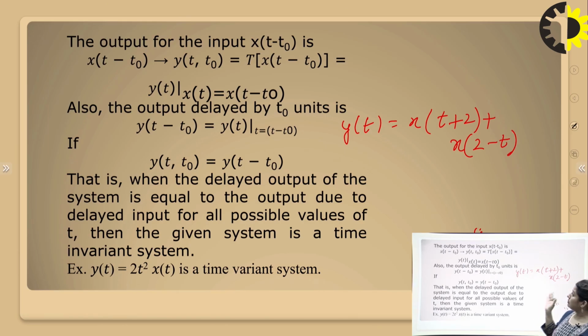So this system is a time variant system, because when you shift the input, it has a shift of t naught, but if you shift the output, it will produce some other output. So in that case, both the things are not equal. For this example, x(t minus t naught) is not equivalent to y(t minus t naught), and in this case the system is called a time variant system.